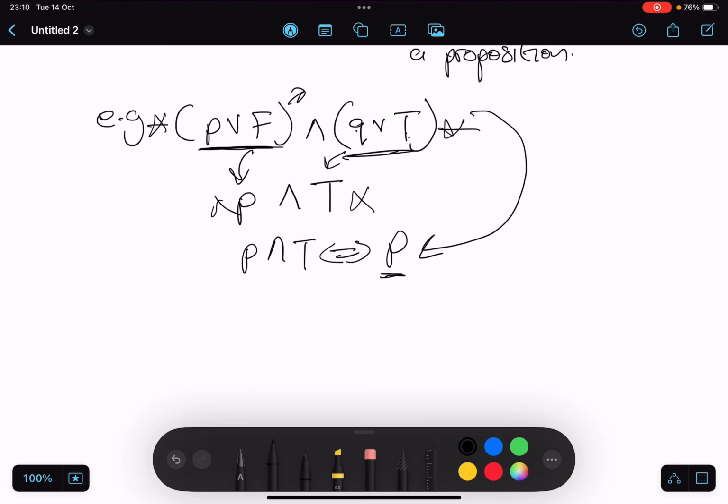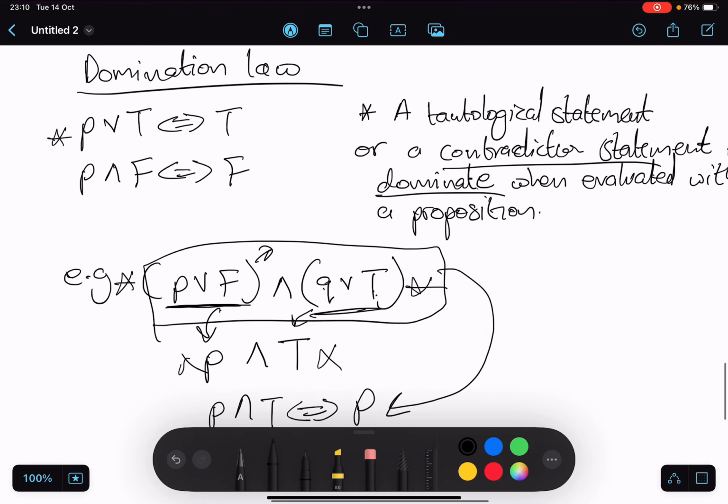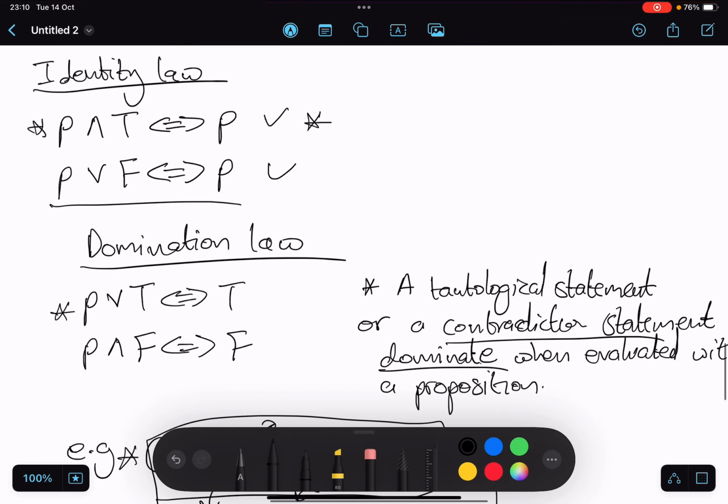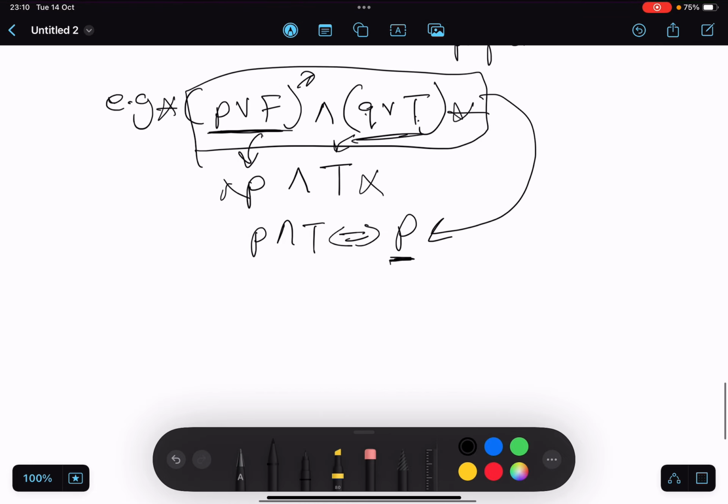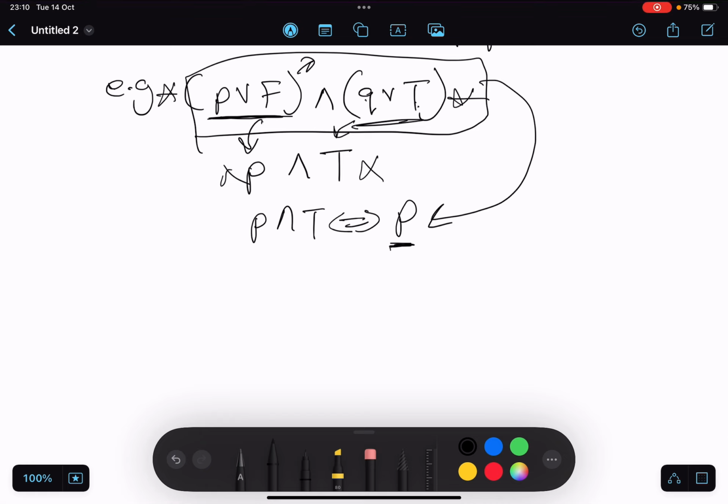We have simplified this entire logical statement to just P. That's how you can apply these laws to simplify a compound proposition.